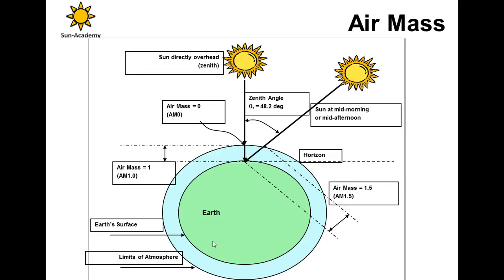Air mass. Air mass is the relative path length of direct solar radiation through the atmosphere. Air mass affects the amount and spectral content of the solar radiation reaching the Earth's surface and varies with sun position and altitude or barometric pressure.